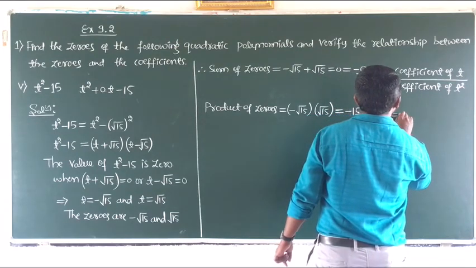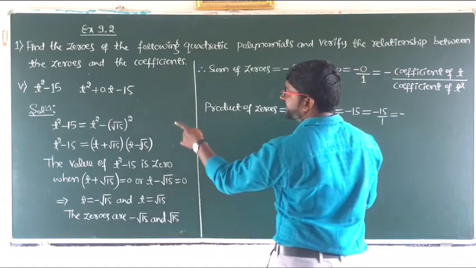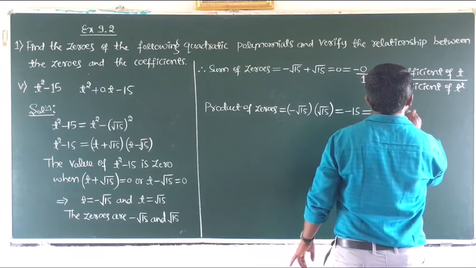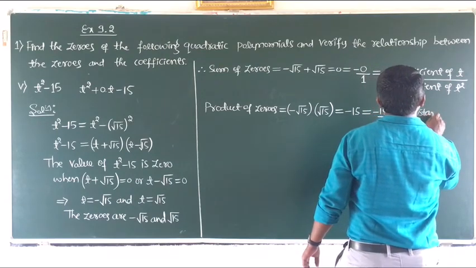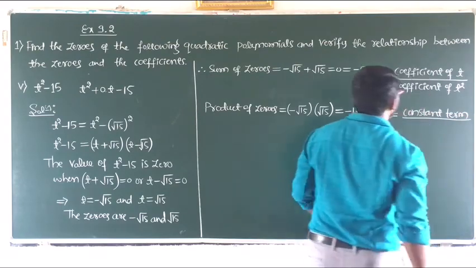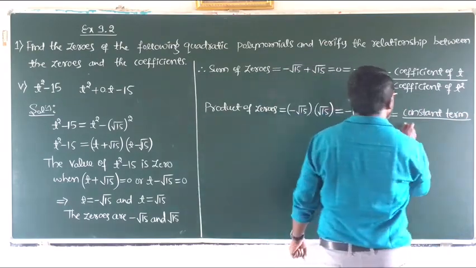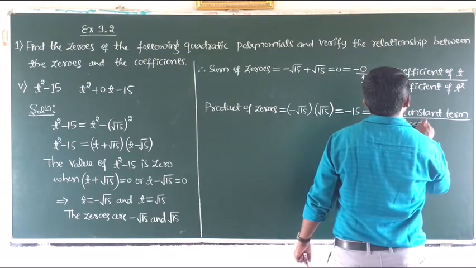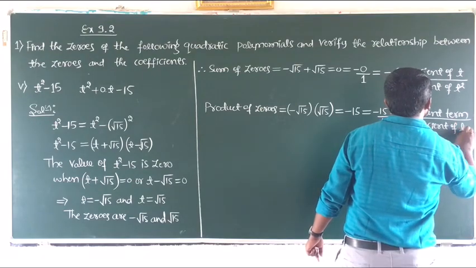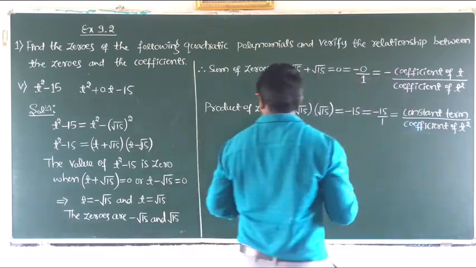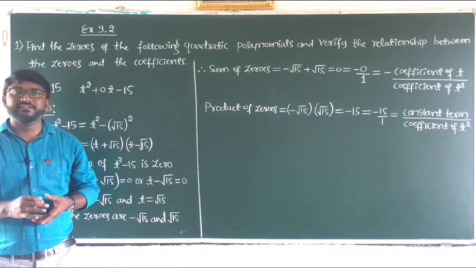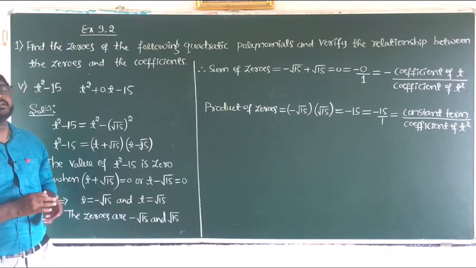What is minus 15? Minus 15 is the constant term. Then divided by 1, which is the coefficient of t square. So, this is all about the fifth sub question. So, take the sixth sub question as an assignment. So, with this we have completed the first main question.